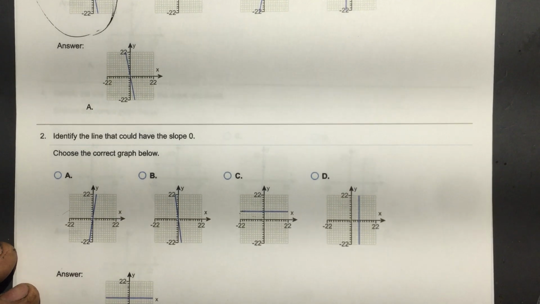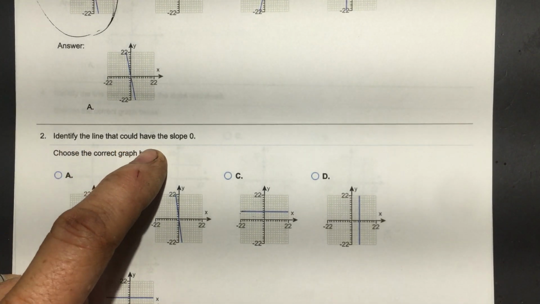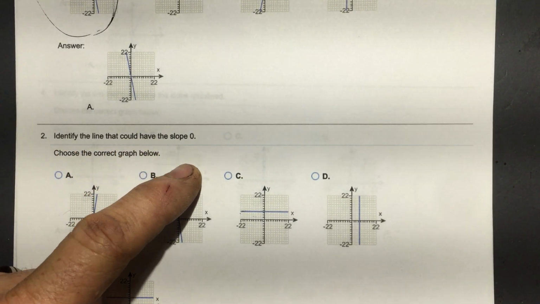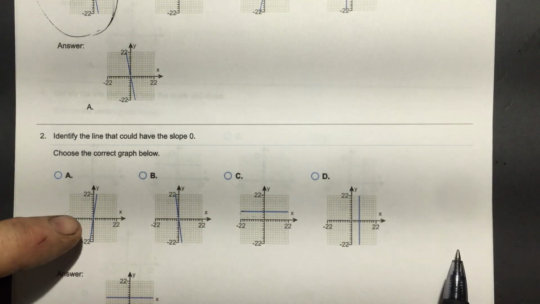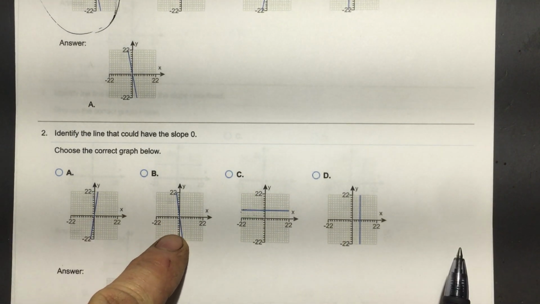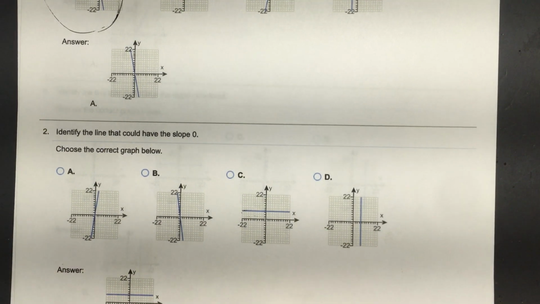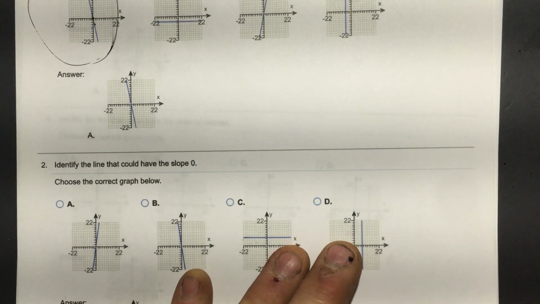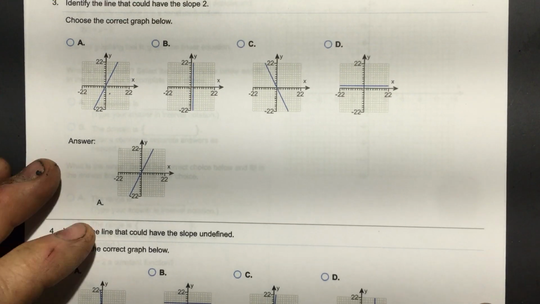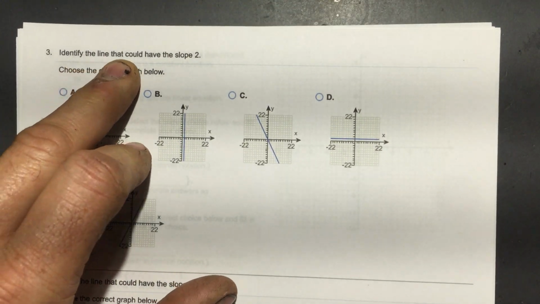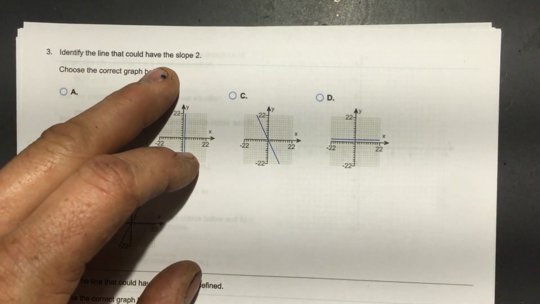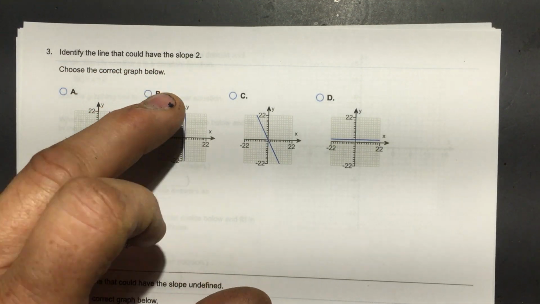Well, number 2, identify the line that could have the slope of 0. All right, 0 is straight across, which here is clearly C. But see, this is positive, negative, 0, undefined. You should be able to spot those real easy. All right, number 3. Identify the line that could have the slope of 2, which is positive.